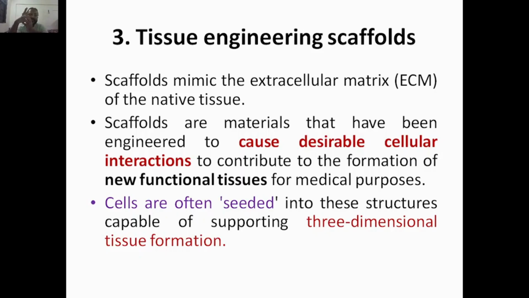Once attached, the cells will start dividing. The growth factors, or biologically active compounds, will increase the rate of division, so that cell differentiation will be faster and the cells will start growing, and finally it will give you the tissue.